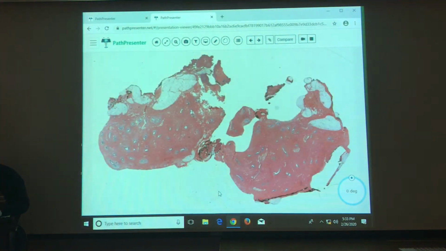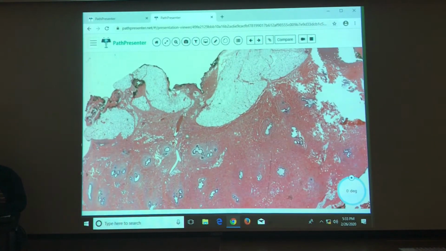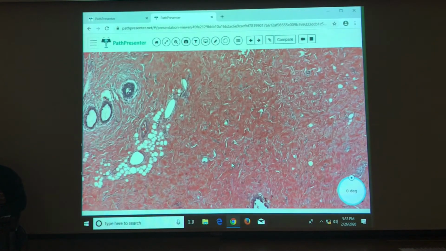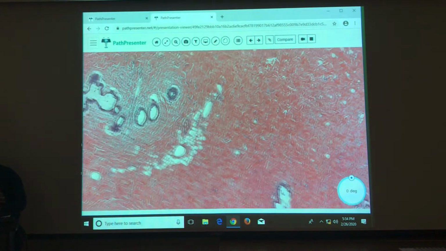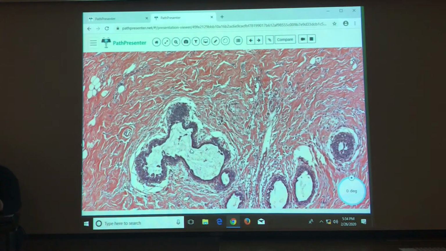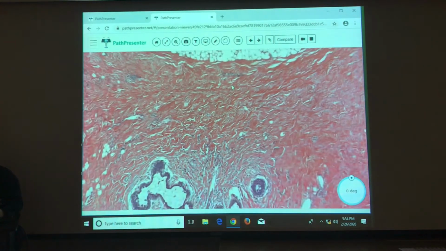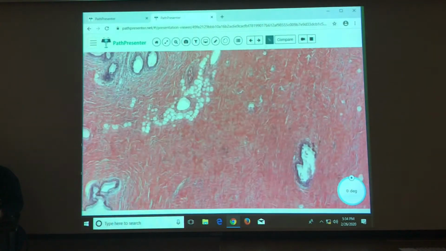Alright, next case. So here we have very dense stroma in the breast tissue. And also we have some glands here.